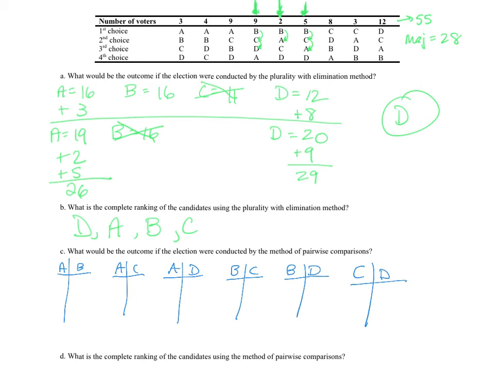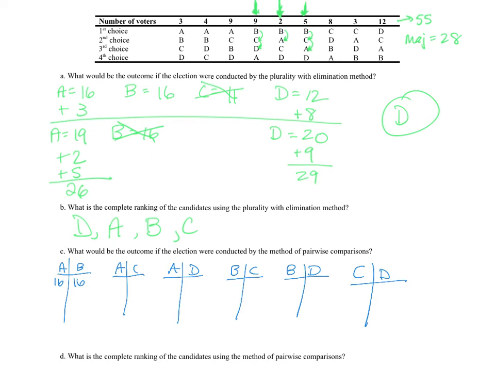A gets the first 3 columns, which is 3 plus 4 plus 9, which is 16 votes there. And then B gets the next 3 columns because B is ranked in first. So that's 9, 10, 11, 16.